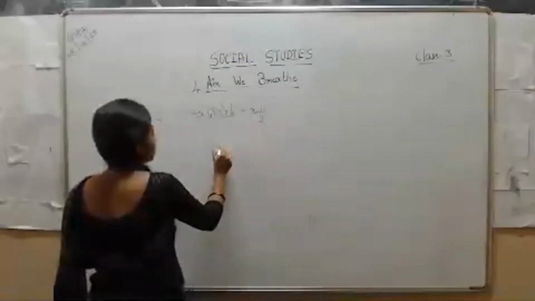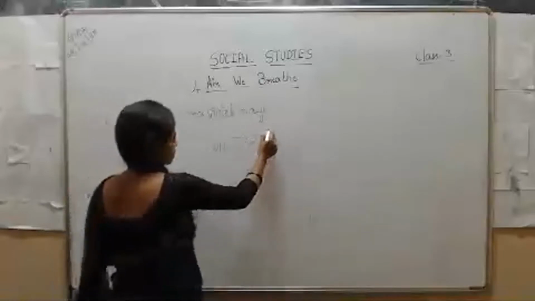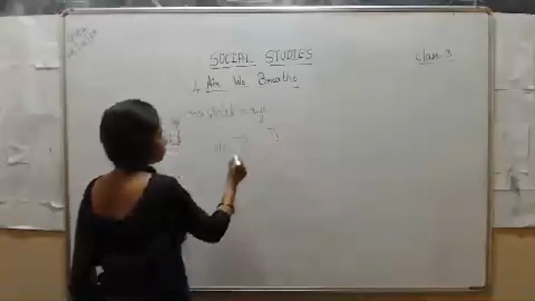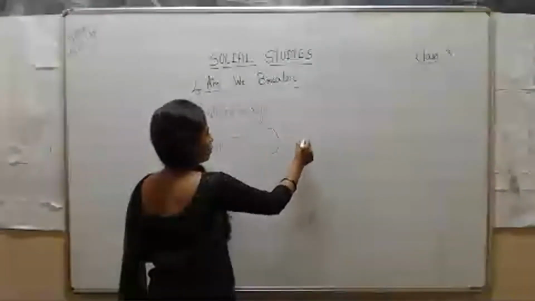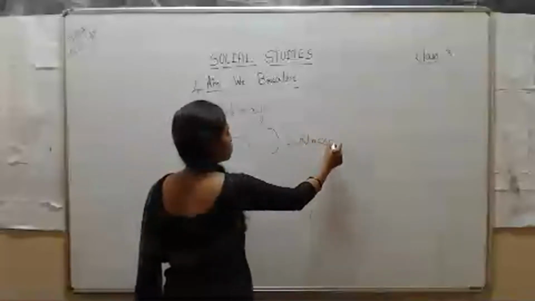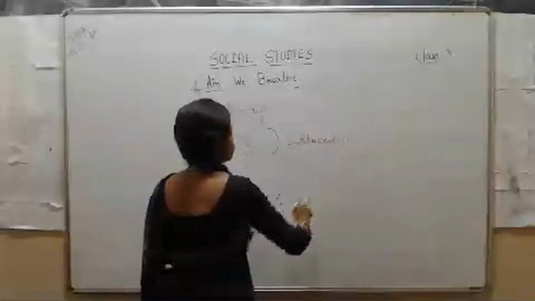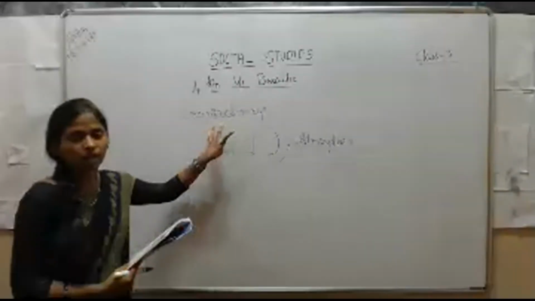So students, this is the sun. This is our planet Earth. This is a layer of air, that is the atmosphere. What will the atmosphere do? It will not allow the ultraviolet rays.